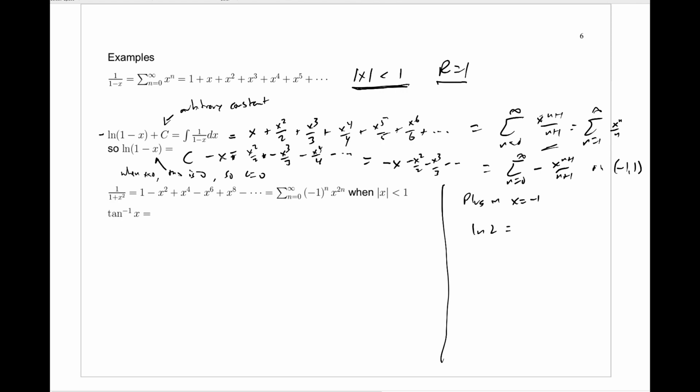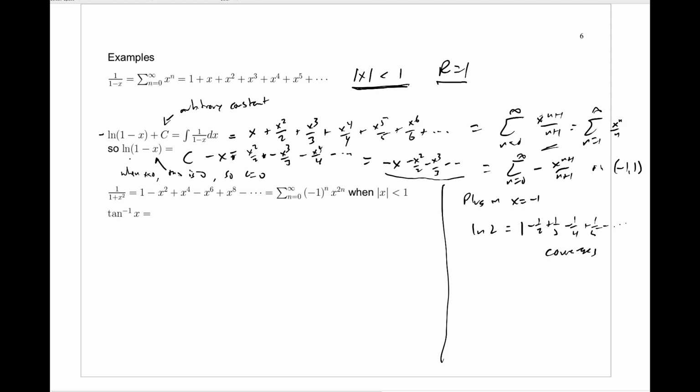On the right side, when we plug in x equals -1, this becomes 1, this becomes 1/2, and then the minus cancels with the -1, and we get plus 1/3, then 1/4, plus 1/5, etc. And this converges.